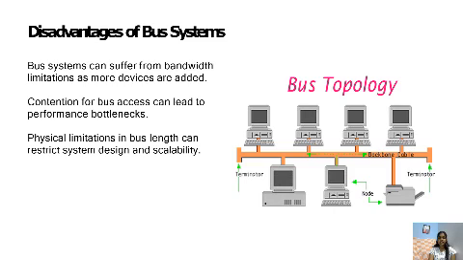And the next is disadvantages of bus systems. Bus systems can suffer from bandwidth limitations as more devices are added. Contention for bus access can lead to performance bottlenecks. Physical limitations in bus length can restrict system design and scalability.